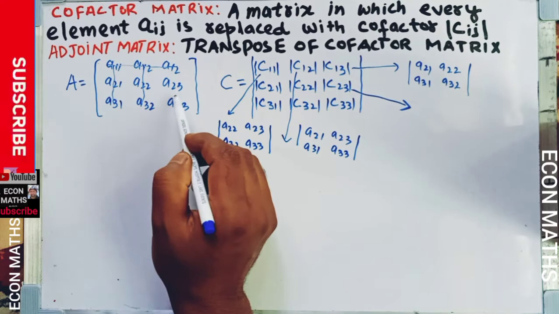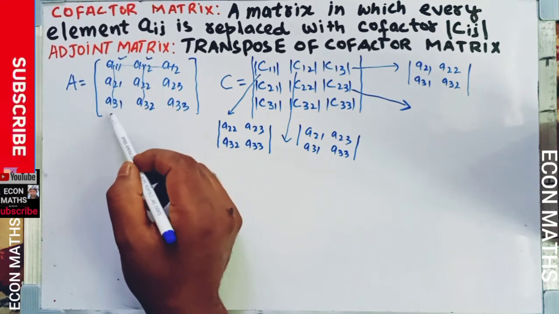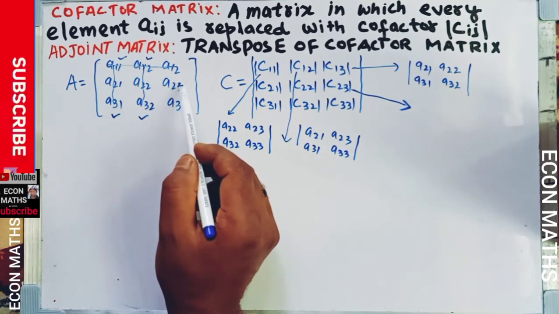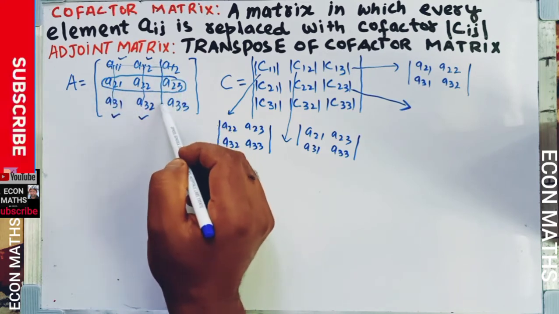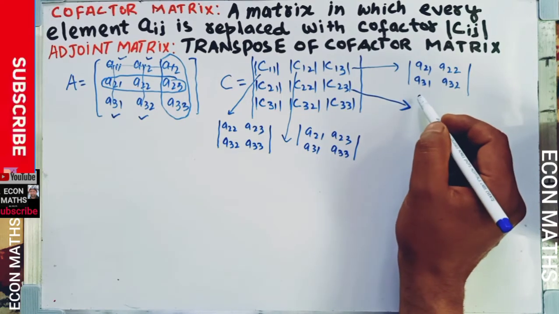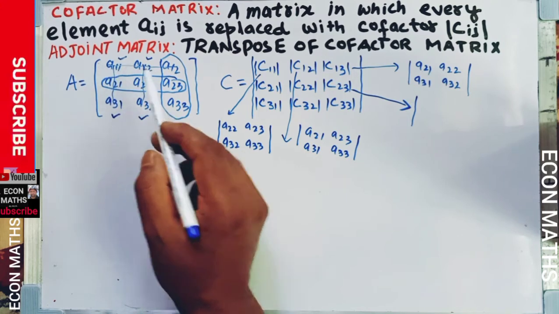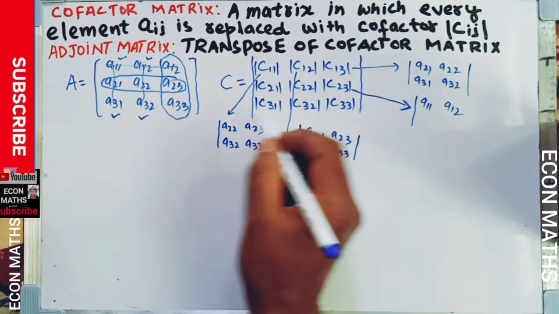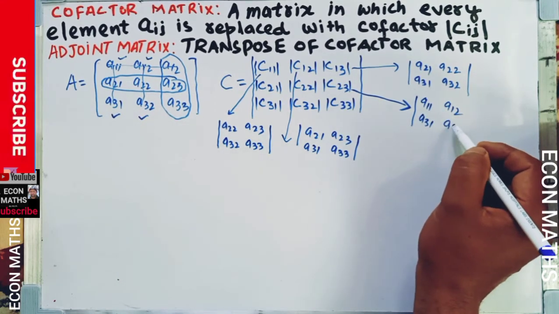Now we form the matrix of the remaining elements. The remaining are this, this, this, and this. Because we delete this row and this column, the remaining elements form the cofactor C23, that is A11, A12, and A31 and A32.